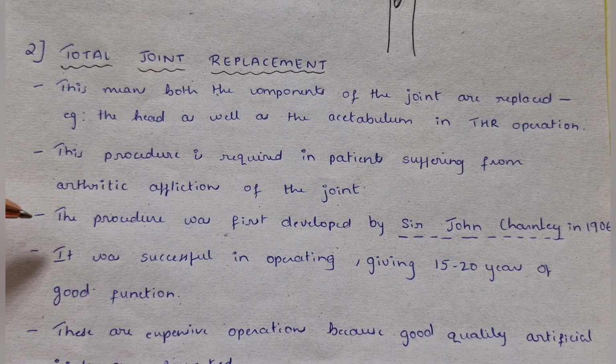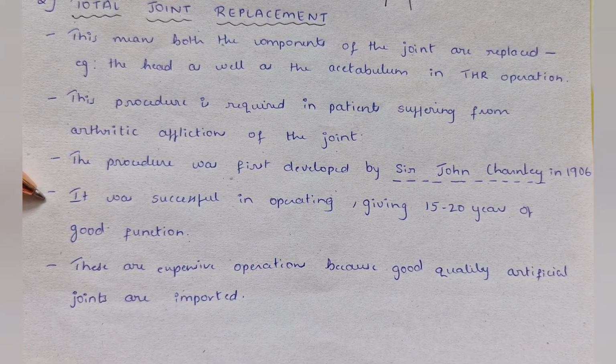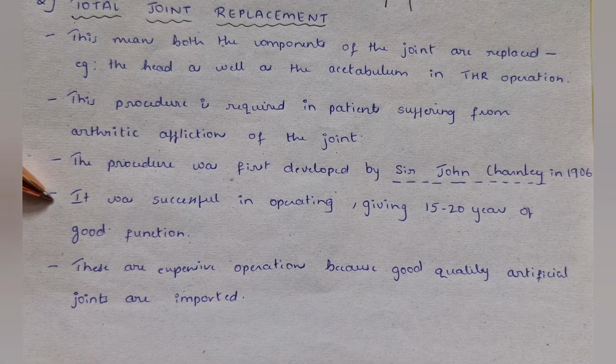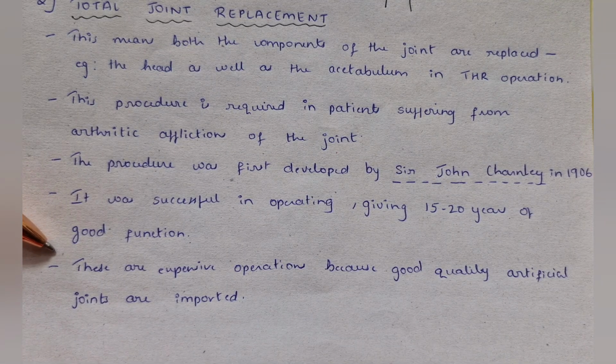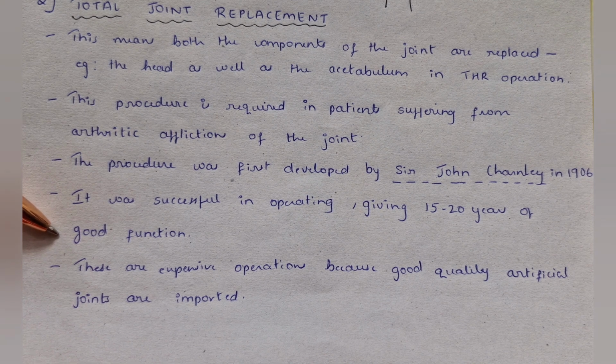The procedure was first developed by Sir John Charnley in 1906. It was successful in operating, giving 15 to 20 years of good function. These are expensive operations because good quality artificial joints are imported.